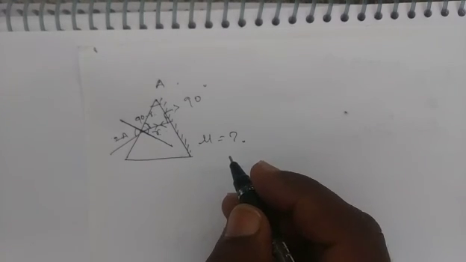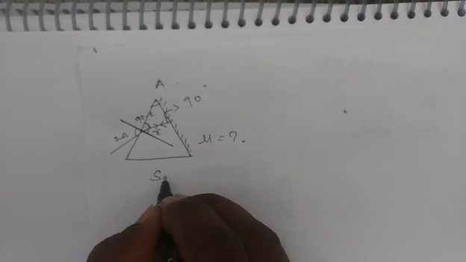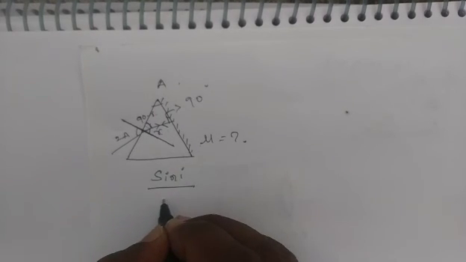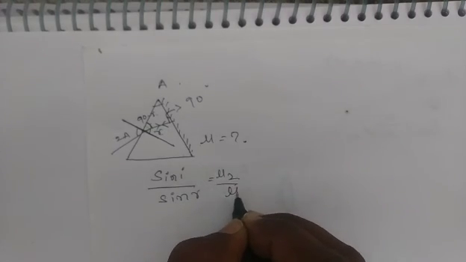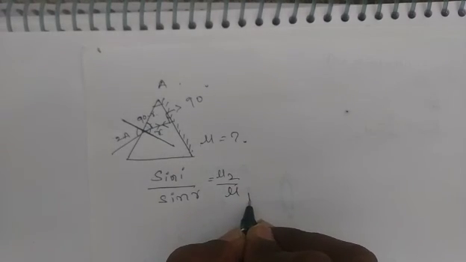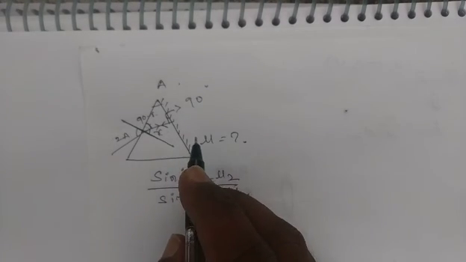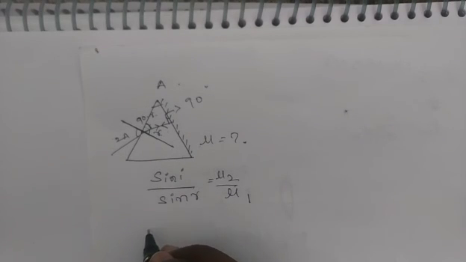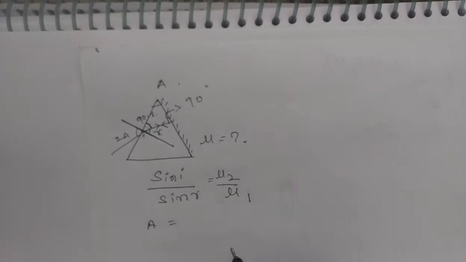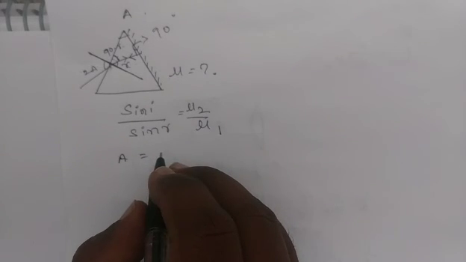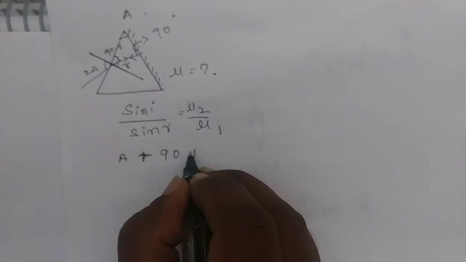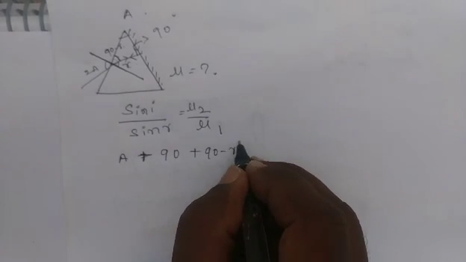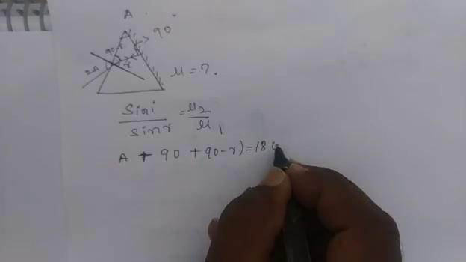So here we use Snell's law, sin I divided by sin R is equal to mu 2 divided by mu 1. Now consider the total angle of the prism. The angle of prism A plus 90 plus 90 minus R is equal to 180 degree.